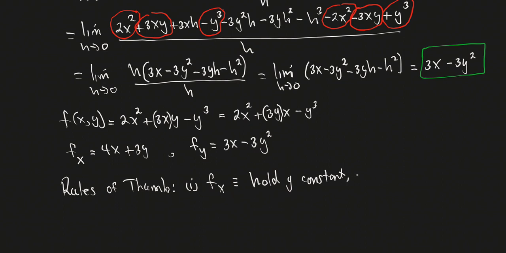So hold y constant, differentiate with respect to x. So we get to use all our rules, right? But now we just have this extra thing in terms of what we have to do with y.